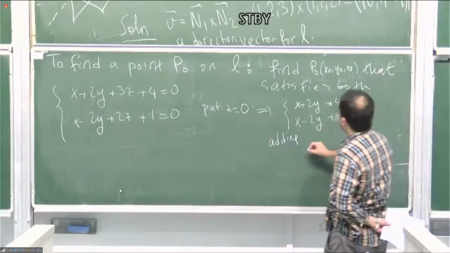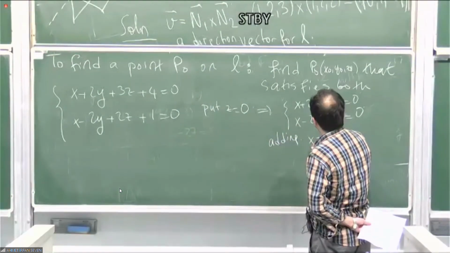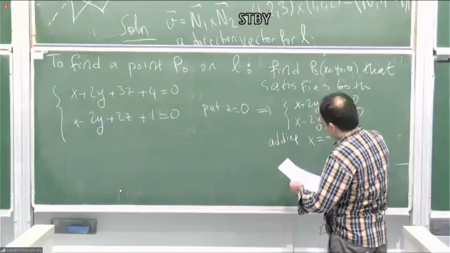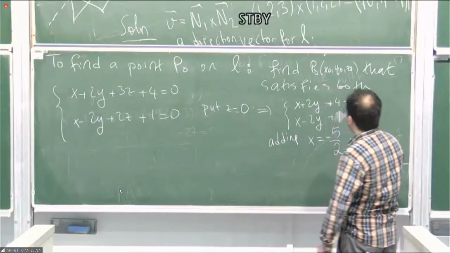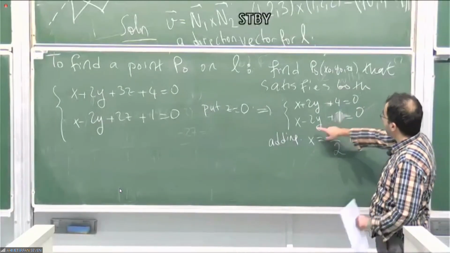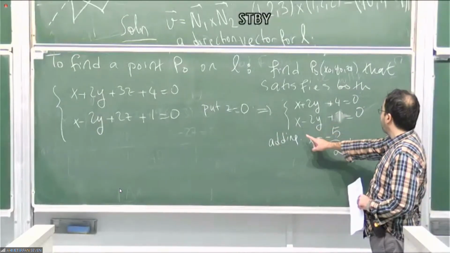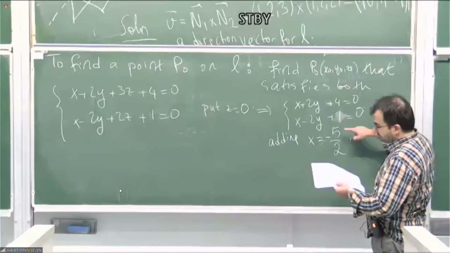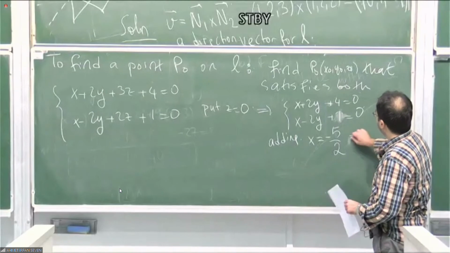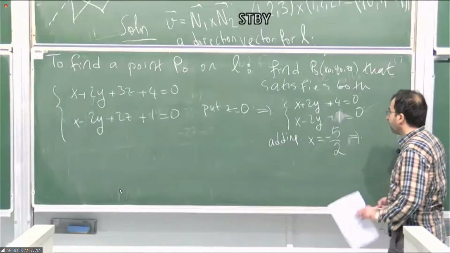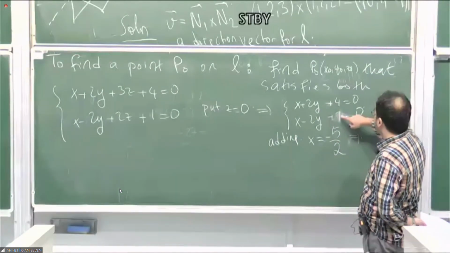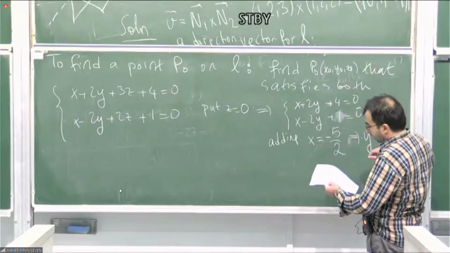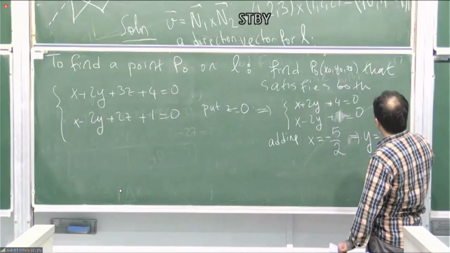The y's disappear. So we have x equals minus 5 over 2. And if x is equal to minus 5 over 2, then 2y equals minus 4 plus 5 over 2, which is minus 3 over 2. So y equals minus 3 over 4.